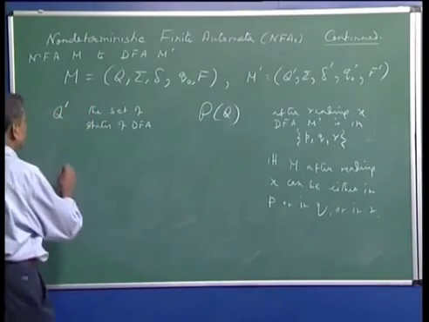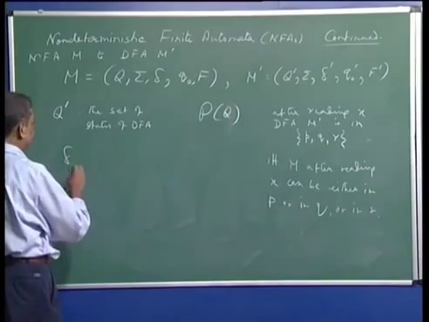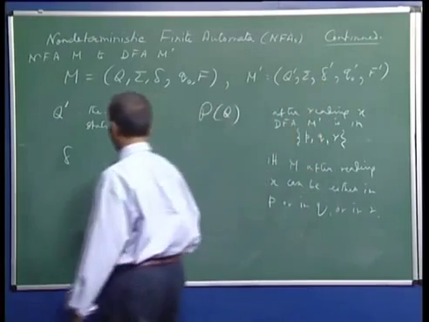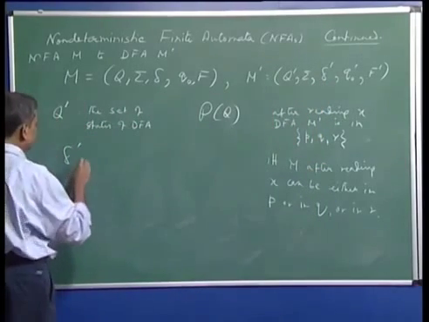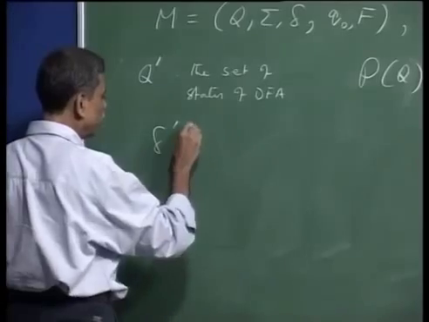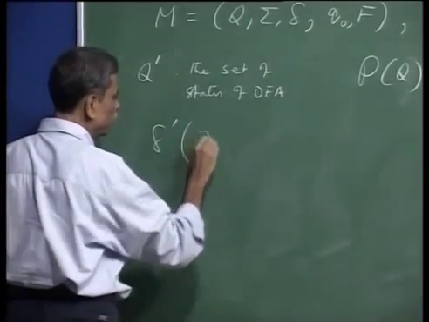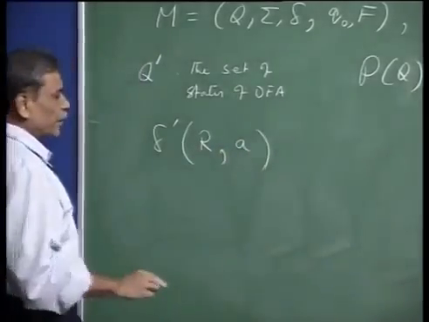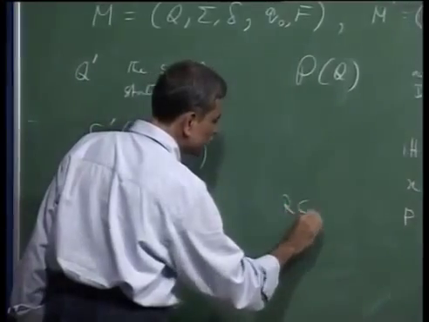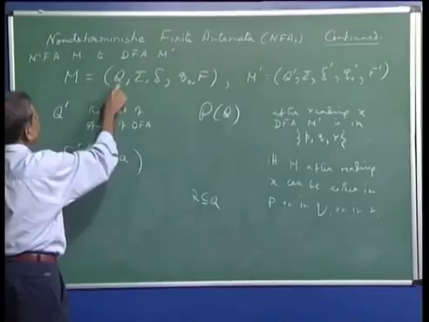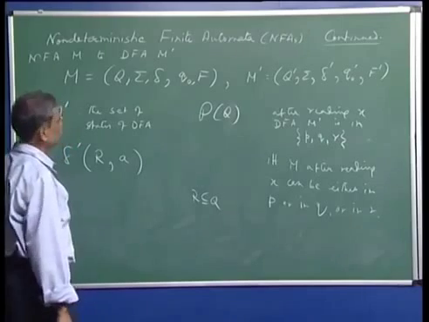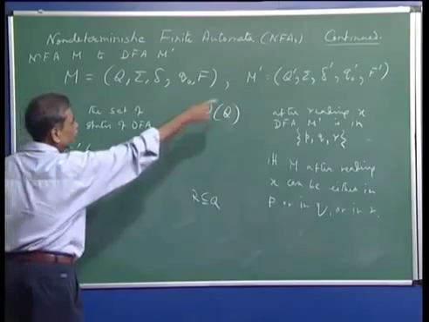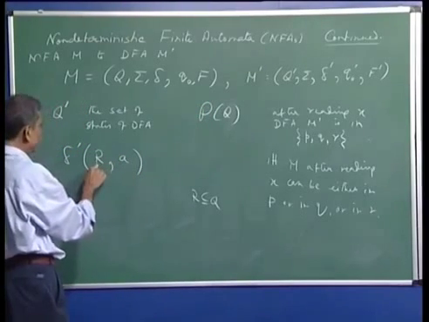The only thing is, how do we define the transition function for the DFA. So, now delta dash is going to be defined on R and a. What is R? R is a subset of Q, where Q is the NFA set of states, but the way we have defined it, it is now a state of the DFA.